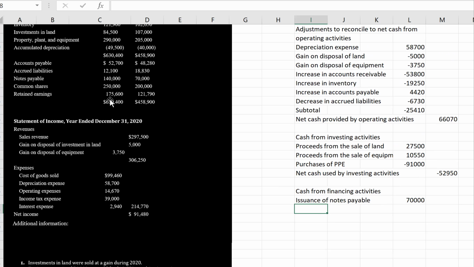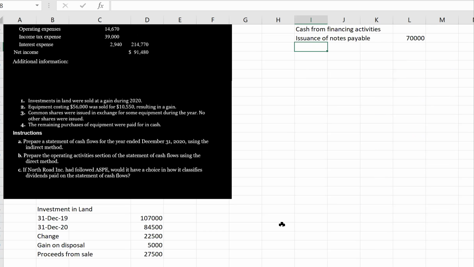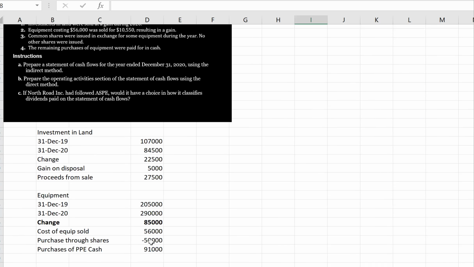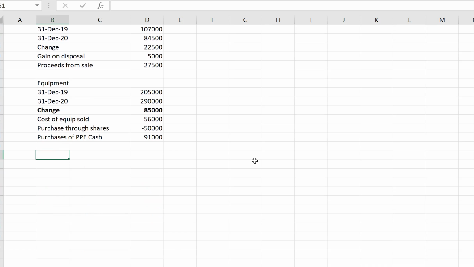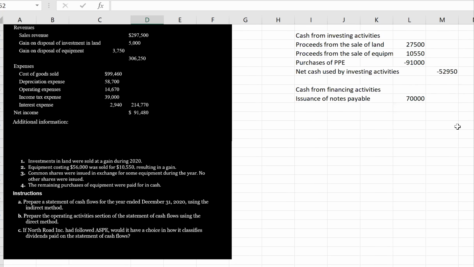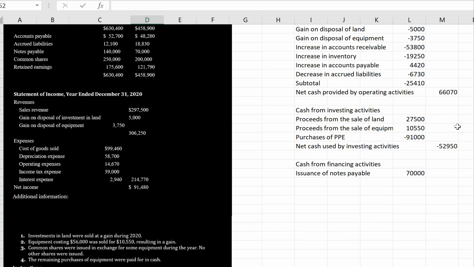But we do need to take a look at retained earnings and do a reconciliation there to see if any dividends were issued during the year. So let's do a rec of retained earnings. We're going to go December 31st, 2019. What was the balance of our retained earnings? So we had $121,790.